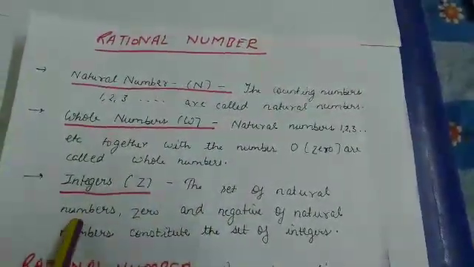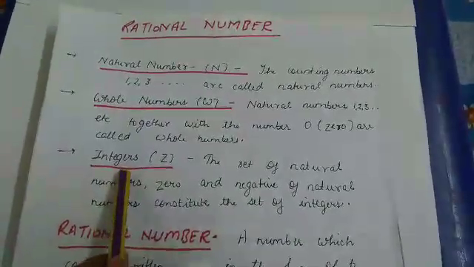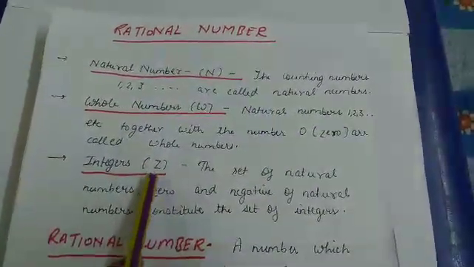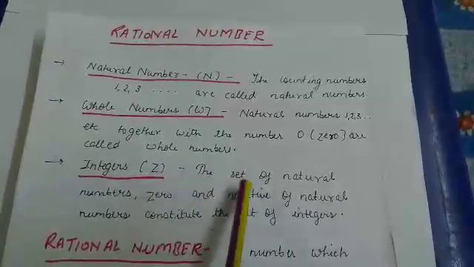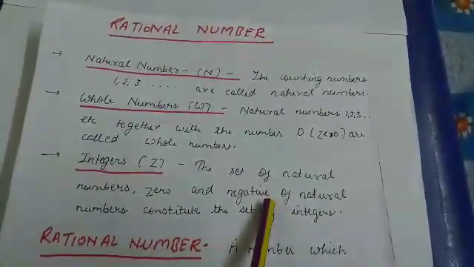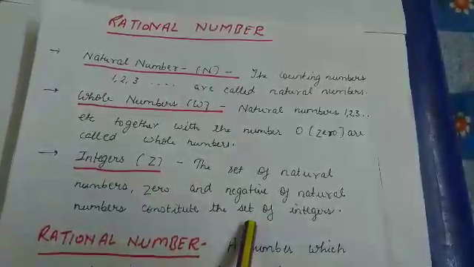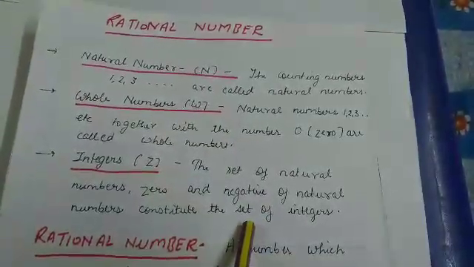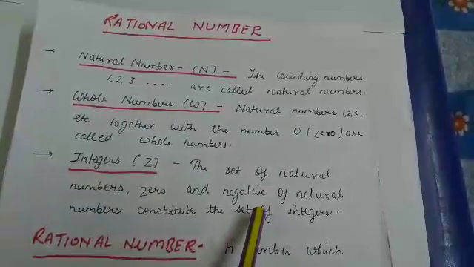Now next, come to the integers. Integers are denoted by capital Z. The set of natural numbers, 0 and negatives of natural numbers constitute the set of integers. In integers, whole numbers are there.